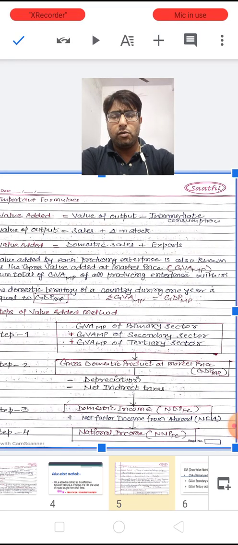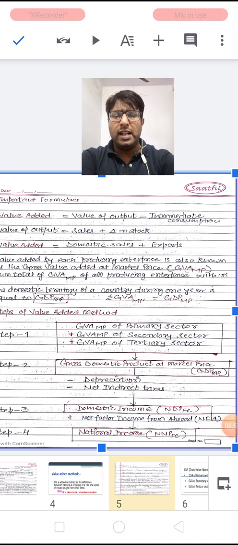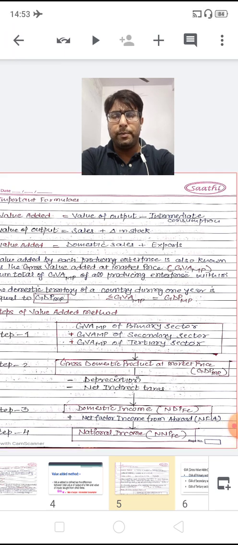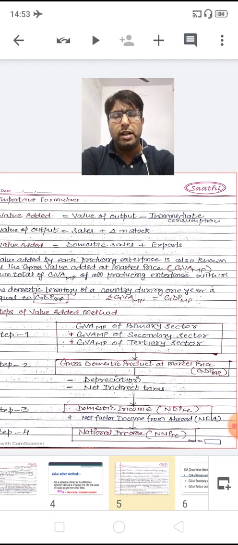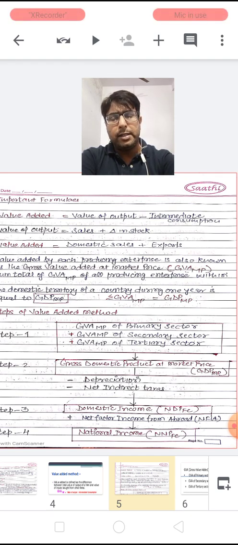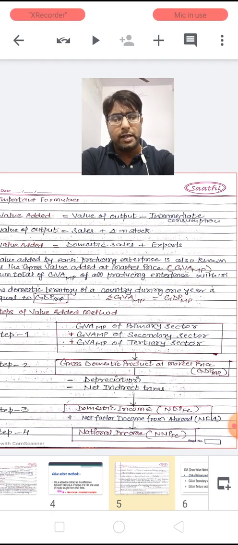Here you just watch. Children, you can see there are certain steps of the value added method. In the first step, we have to find out the gross value added at market price by the primary sector, thereafter by the secondary sector, and at last by the tertiary sector.